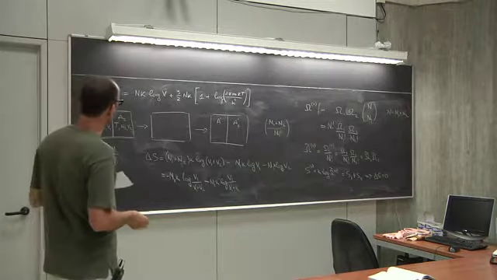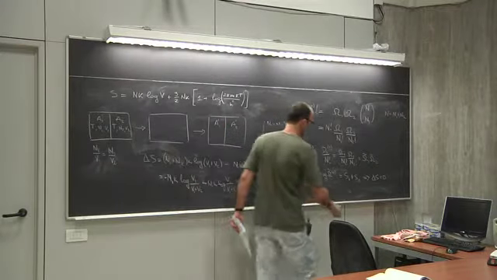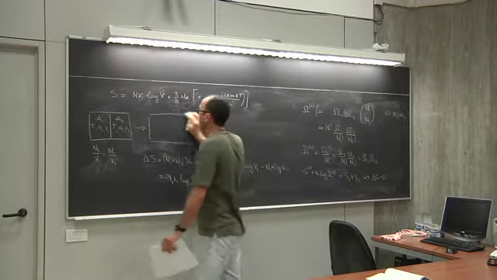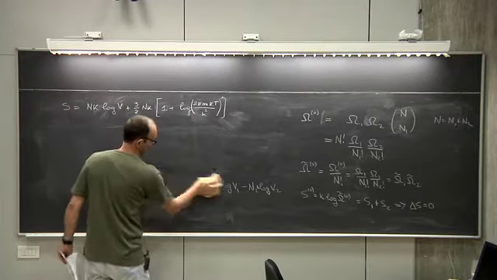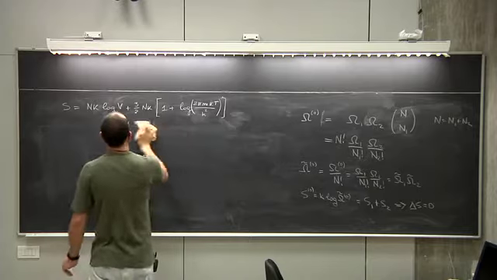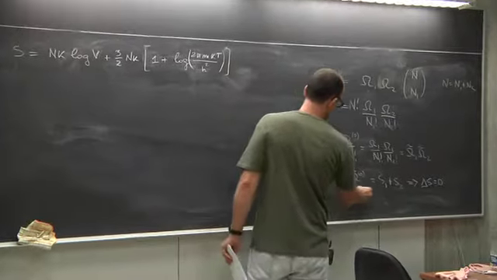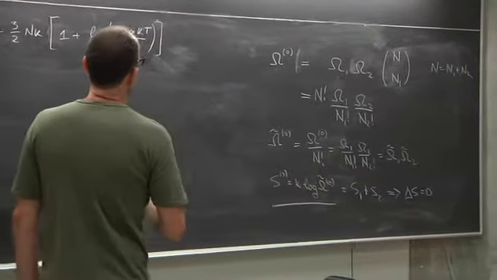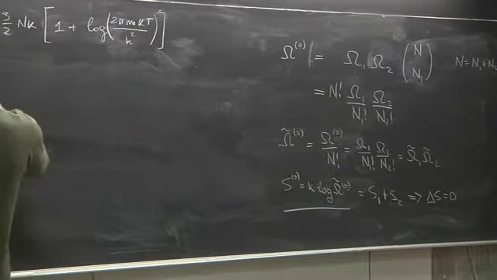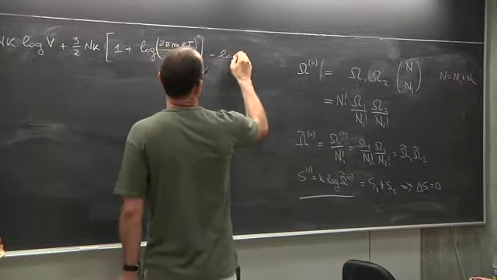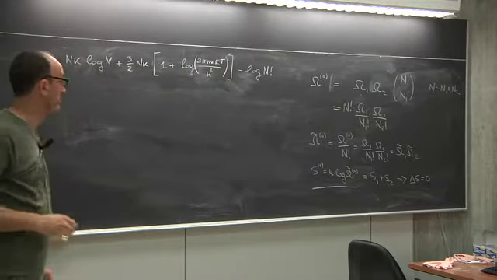Okay, so if you do this, then the entropy has an additional term. If you now define the entropy in this way, then there is an additional term which you have to add to this formula, which is minus k times the log of n factorial, right?